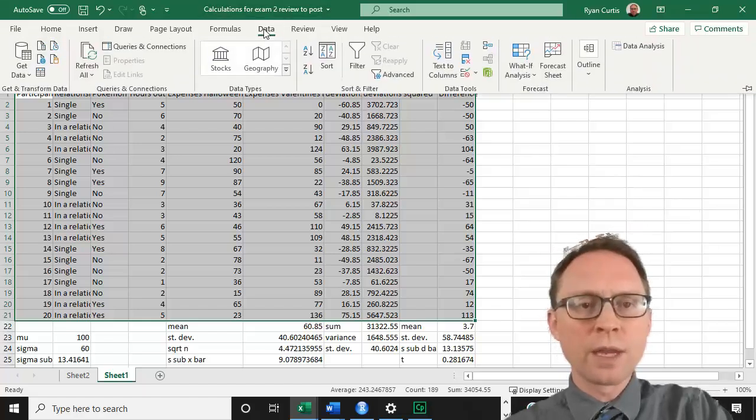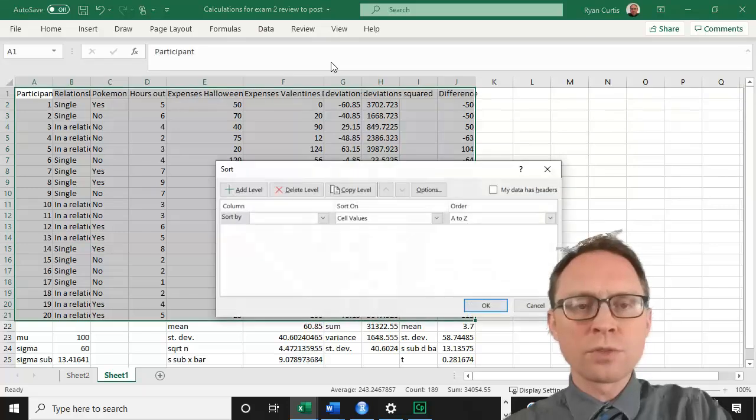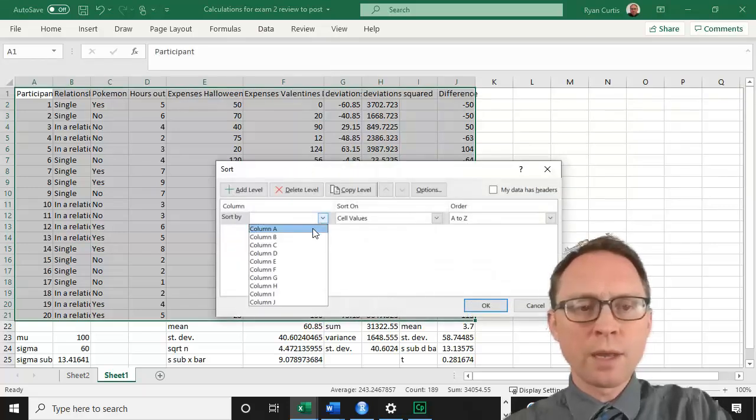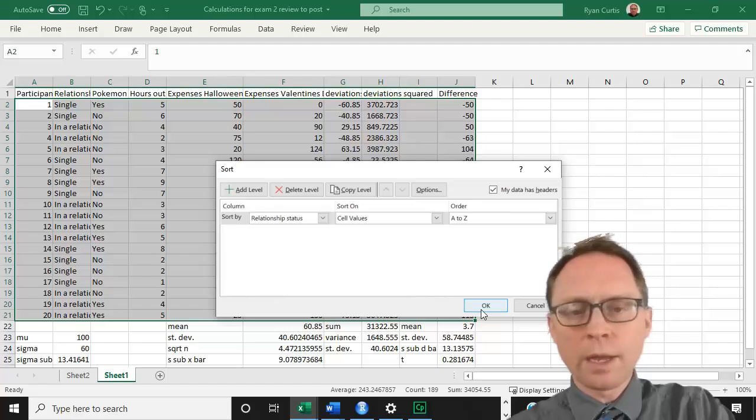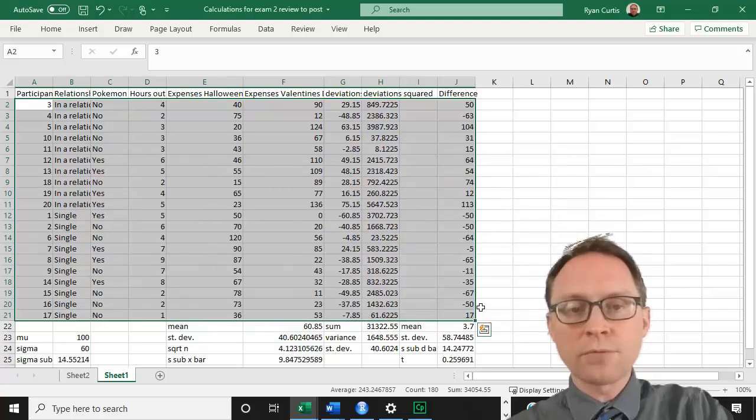So the way I'm going to do that is I'm going to go to data and I'm going to push on sort, and I want to sort by their relationship status, which is column B, and my data has headers, so that's relationship status. There it is. Good. Okay, and when I do that, as long as I have all of the data highlighted from the original stuff, then here's what I get.